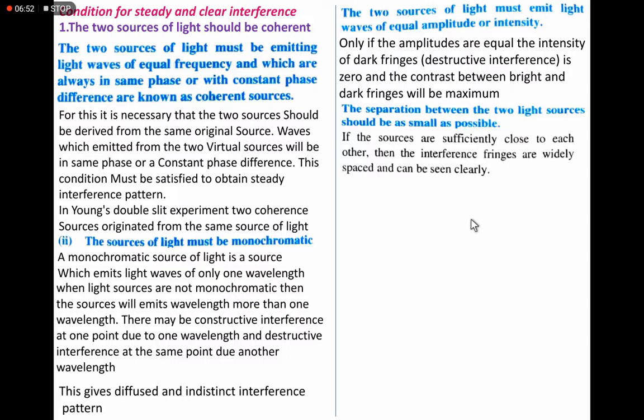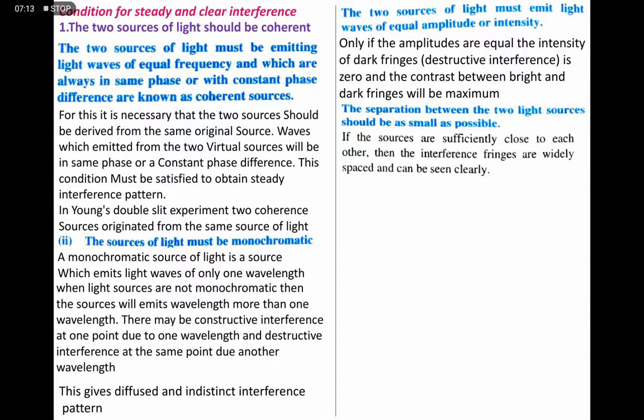Just in the previous lecture, we learned the fringe width. Fringe width is inversely proportional to the distance between the two sources. That is, x = λD/d.